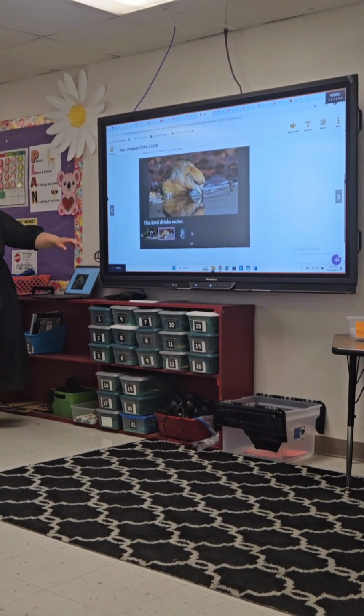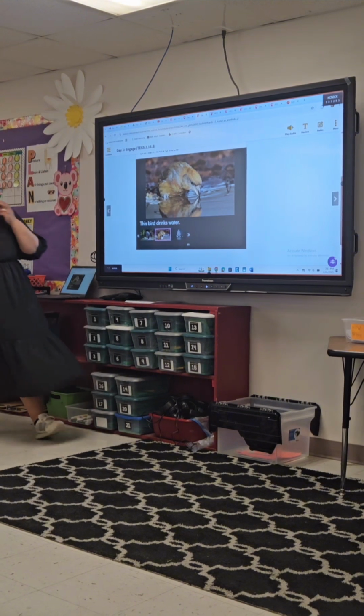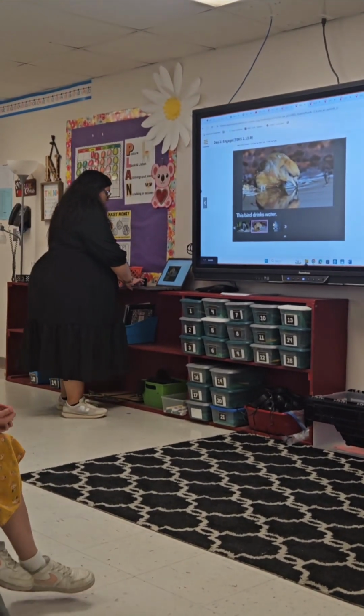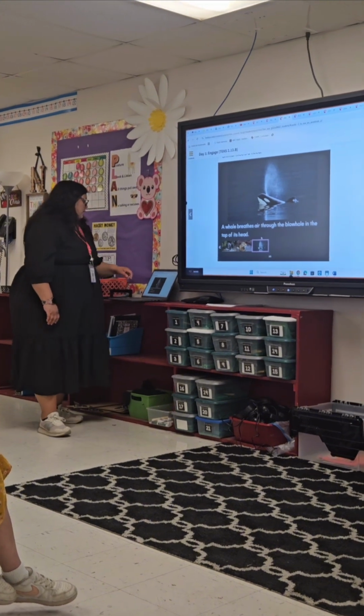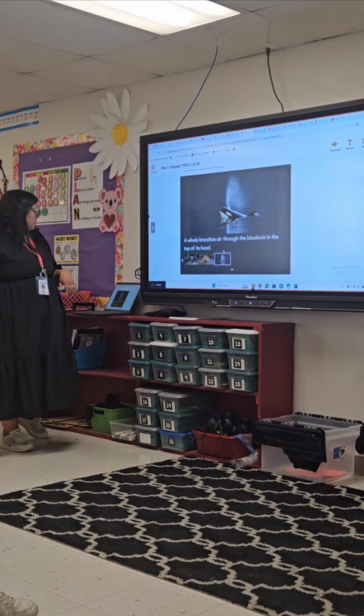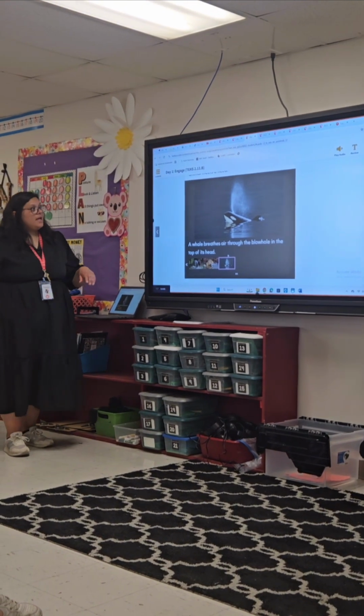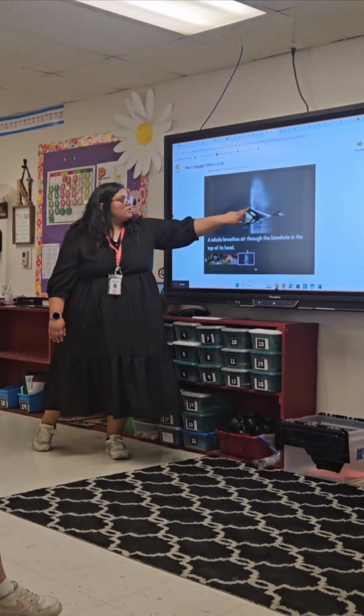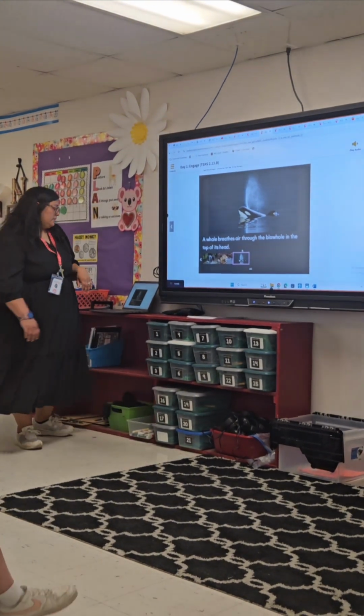It uses its beak to drink water. These are structures that they're using. A whale breathes air through its blowhole in the top of its head. We see its structure, the top of its head.